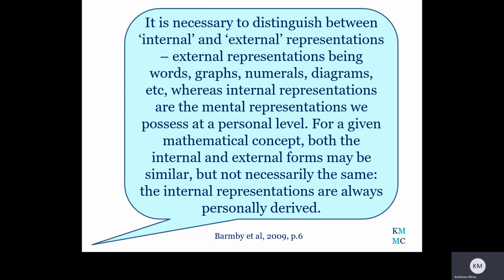So here Barnby et al. making a distinction between external and internal representations. It's interesting to note their findings that the external and internal representations may not be the same, and also the personal individual nature of these internal representations.